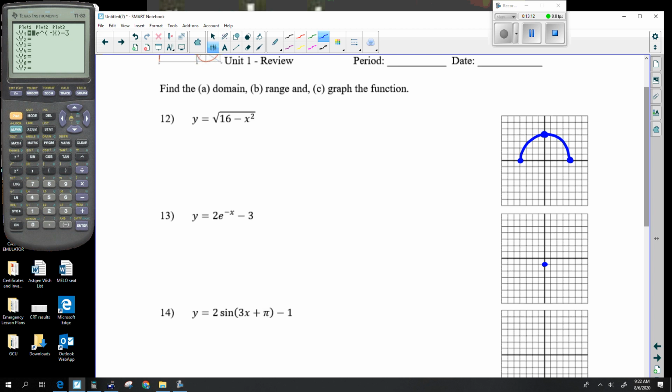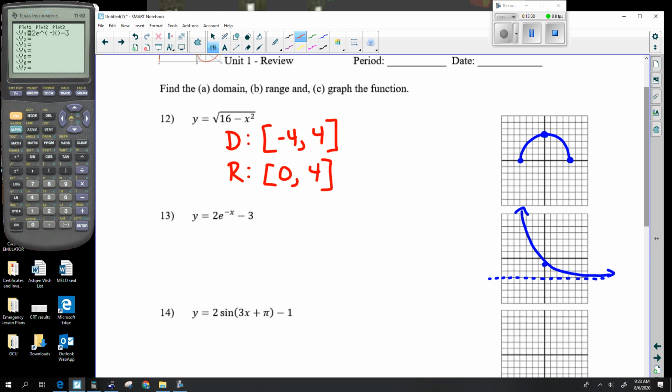So it goes through negative 1, still with that asymptote at negative 3, and it goes down like that. Oh, I totally skipped over part of the question. I'm sorry. The domain of this upper one is negative 4 to 4. Notice how they actually do hit those 4s. The range: the low is 0, the high is 4.